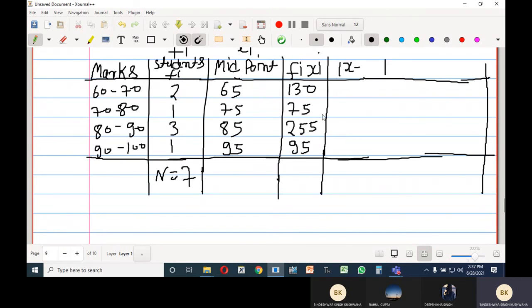So who will tell me what would be the total value, summation of fi into xi?